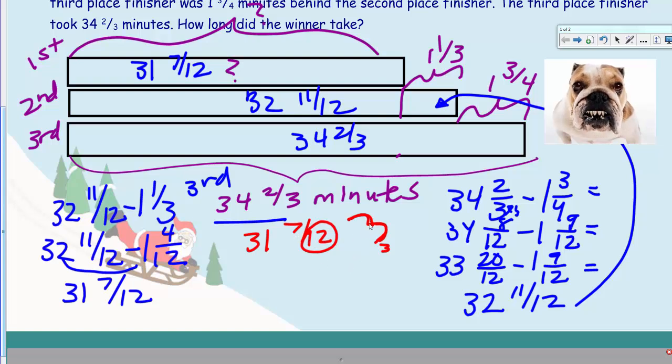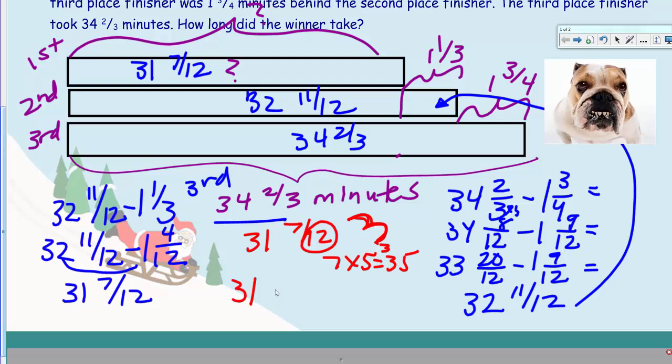Well, I have 7 of those. So couldn't I just say that 7 times 5 seconds, because that's how much time for each number, is equal to 35 seconds? And that sounds right to me, because if I had 6/12, that's half. That would be 30 seconds, and 30 seconds is half a minute on a clock.